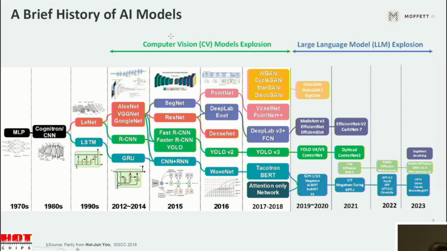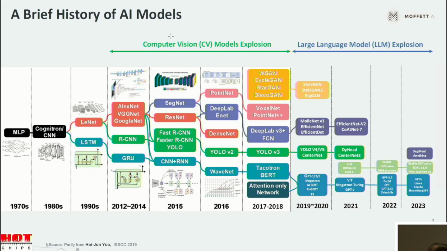This figure shows a brief history of AI models. This is one of my favorite pictures. I took this from Professor Yong at ISCA 2019, and then I extended this AI model history from 2019 to 2023.